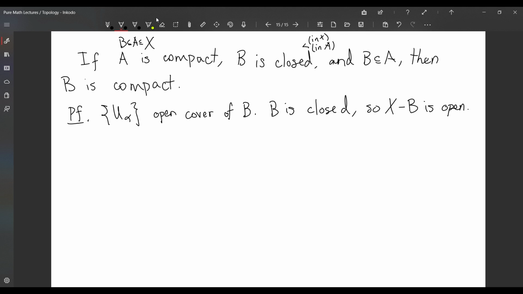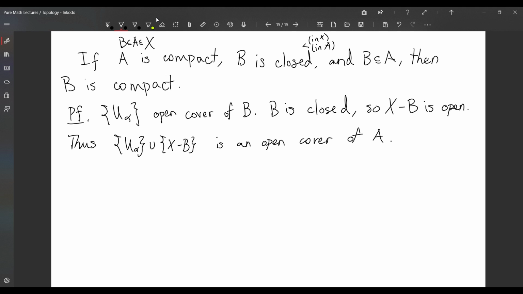So X minus B is open, thus the union of the V sub alpha together with X minus B is an open cover of A.